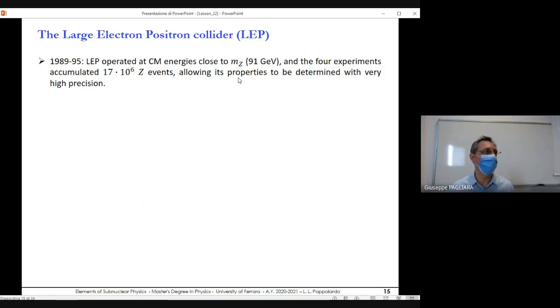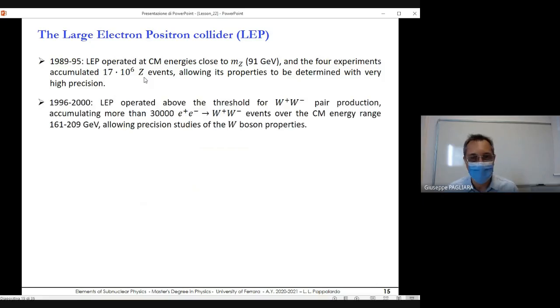So if you tune your energy to the mass of the Z, you're done. Of course, modulo the small cross-section. And in this way, they were able to accumulate something like 17 million Z events, to be compared with the 5-6 events measured by Rubbia. And so, of course, this allowed to measure the properties precisely.